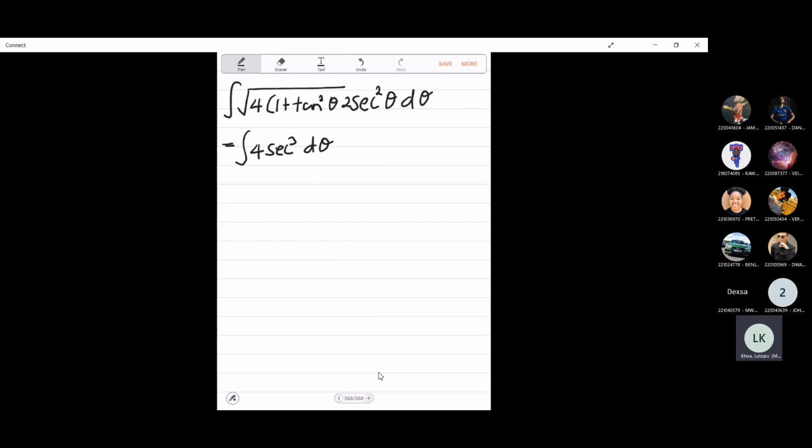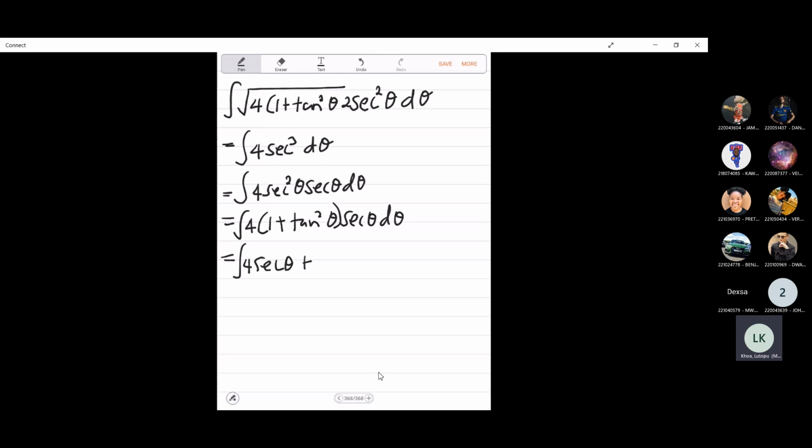And now we want to integrate it. So the steps to integrate this are always the same. This is the integral of 4 sec squared theta, sec theta d theta, the integral of 4 times 1 plus tan squared theta, sec theta d theta, which is 4 sec theta plus 4 sec theta tan squared theta d theta, and then we know how to integrate that one.